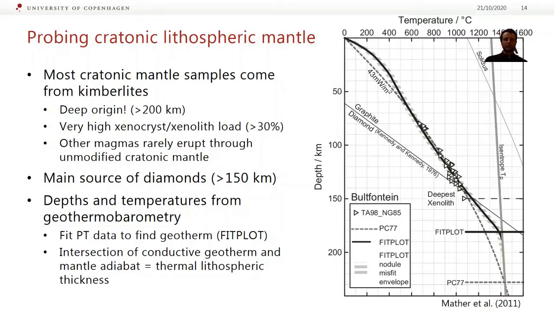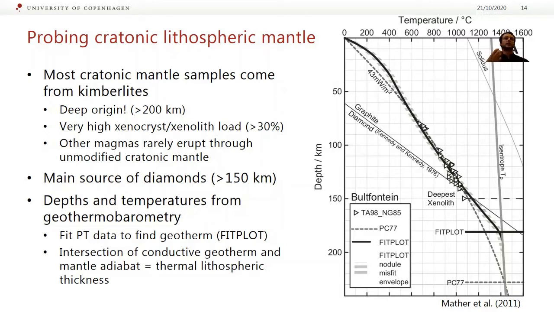On the right here is just an example of how we can use xenoliths from a kimberlite to constrain cratonic geotherms. What they've done here basically is you have a bunch of different xenoliths, and you apply thermobarometers to them. I think this would be a mix of clinopyroxene thermobarometry and maybe some garnet thermobarometry.